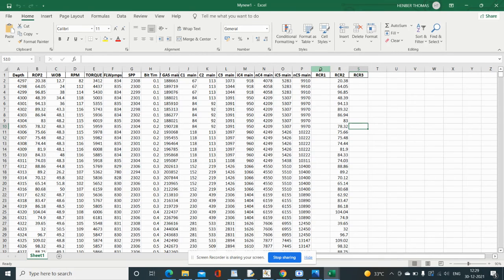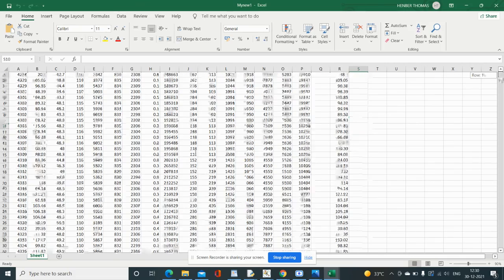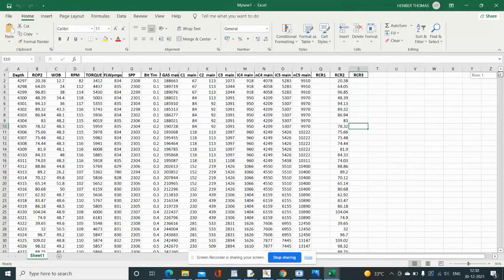Here we have the data segregated into columns. This is cluster number 1, cluster number 2, cluster number 3. And here, this cluster 2 is the starting point. And this is ROP, of course. ROP is plotted against the depth, and cluster number 2 is starting from a depth of 4297.